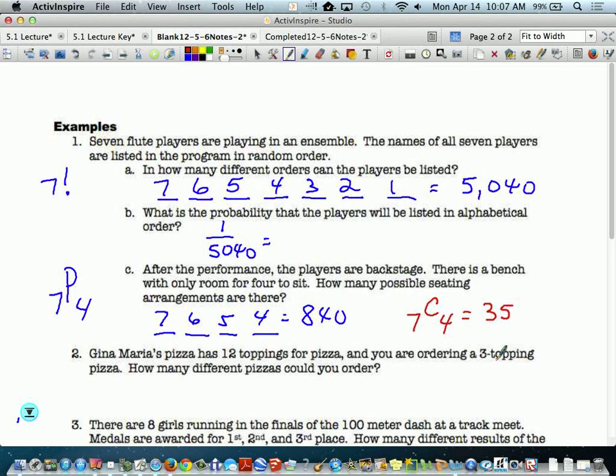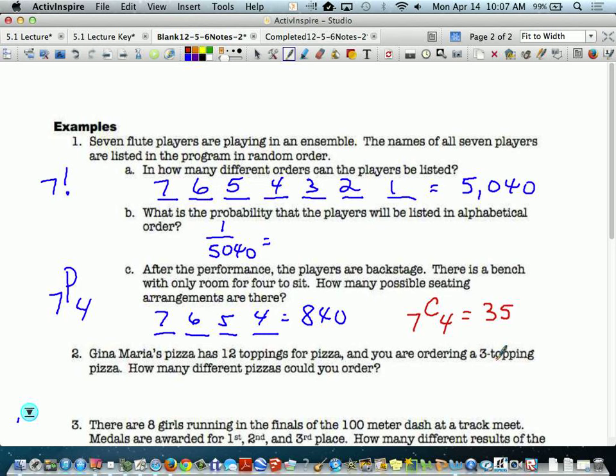Now they're picking a problem where the 4 people have names, right? It's flute, so you probably would make an assumption that it's probably all girls or something, but depending on instruments, you would never assume that boys and girls are limited in who can play the instrument. So it could be boys and girls, they're named.